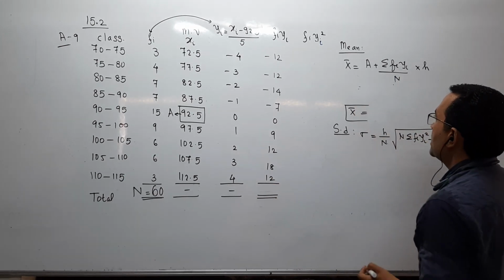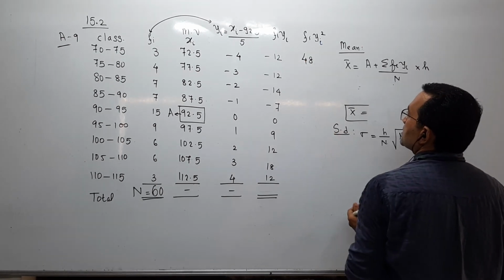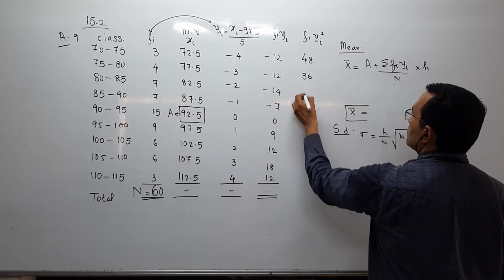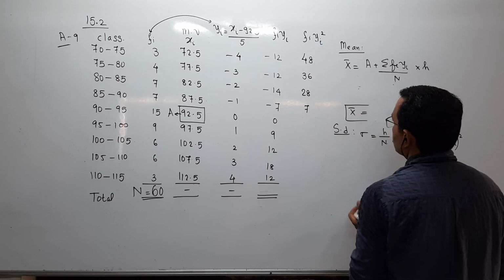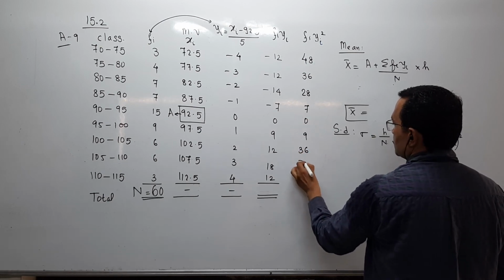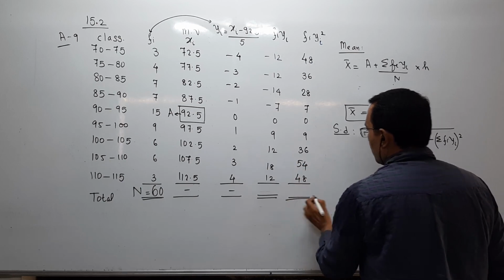fi yi square: minus 4 into minus 12 is 48, minus 3 into minus 12 is 36, minus 2 into minus 14 is 28. Minus 1 into minus 7 is 7, this is 0, this is 9, this is 24, 54 and 48.